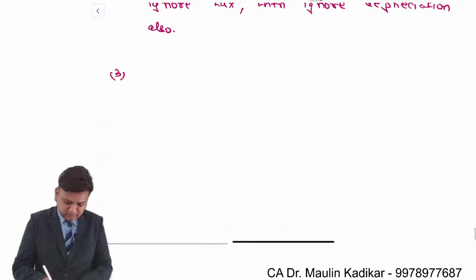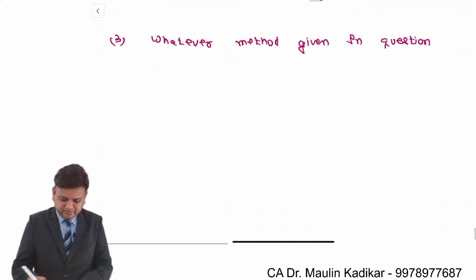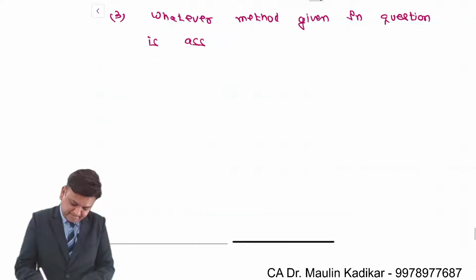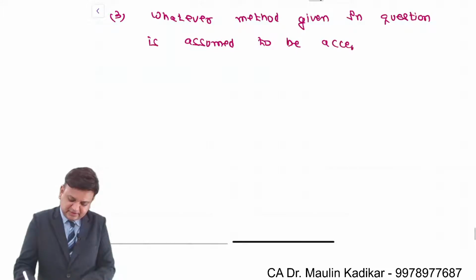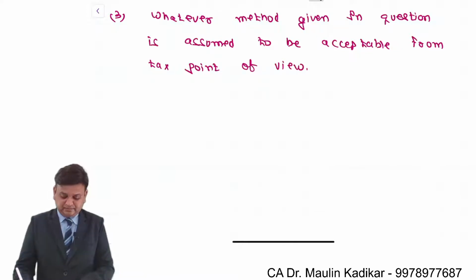Third point, whatever method given in the question is assumed to be acceptable from tax point of view. Full stop.